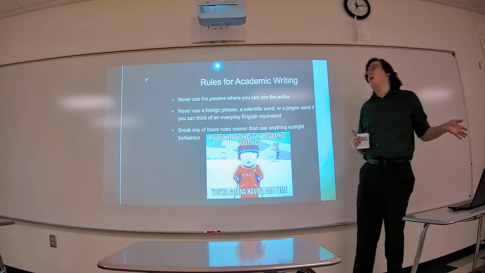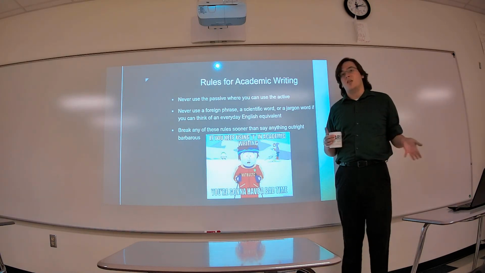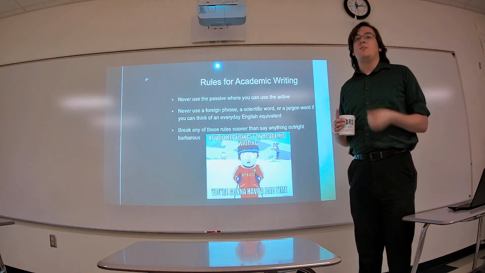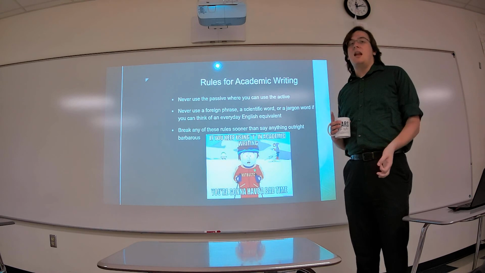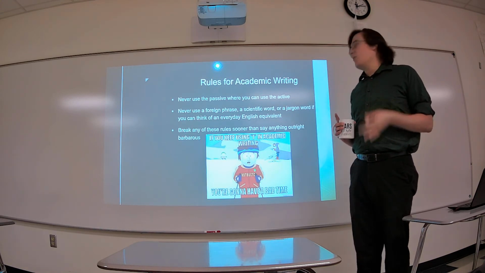And especially if you're writing for someone who is familiar with this stuff, it's going to stand out that you really don't know what you're talking about. Simple is always better. The simpler you can make it, the more likely it is that your reader's going to get what point you're trying to make, and the better your writing is going to be.